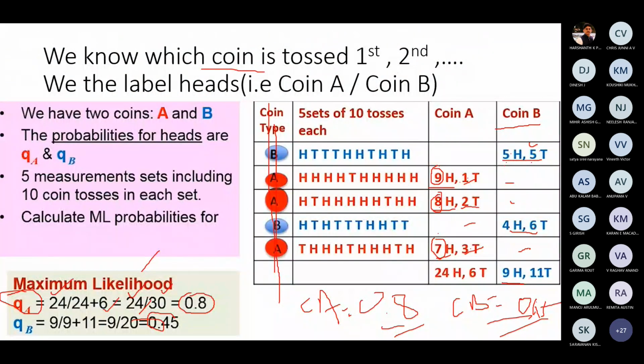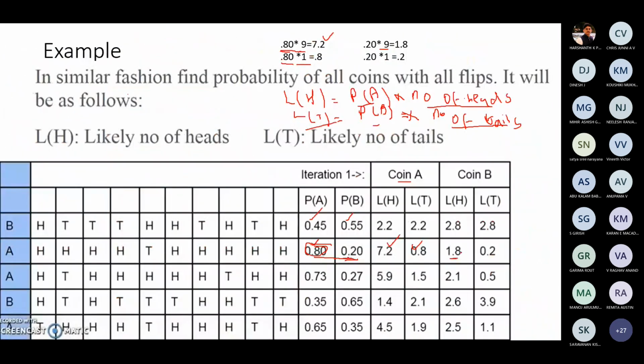So 0.18. Then 0.20 into 1 is 0.020. I fill this. Like that I do for everything, students.